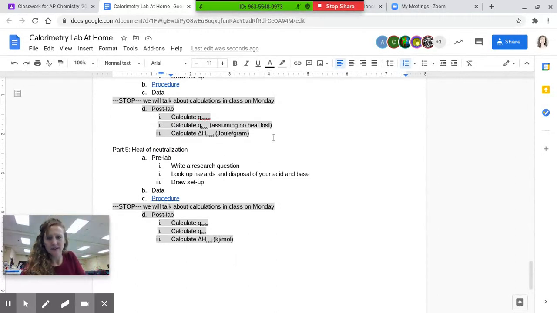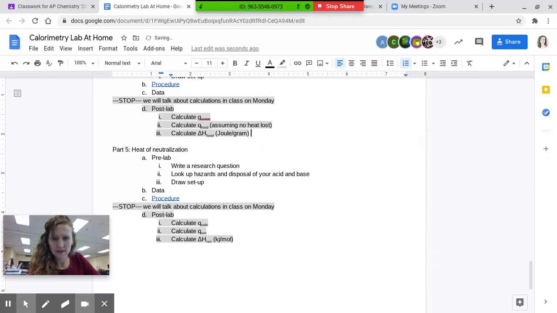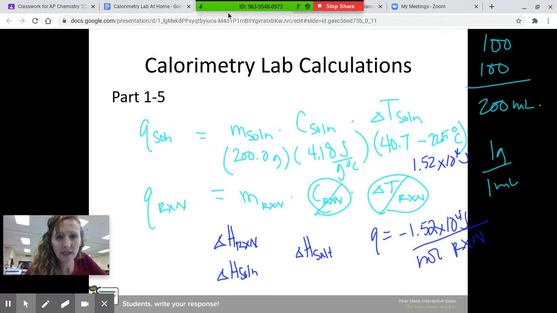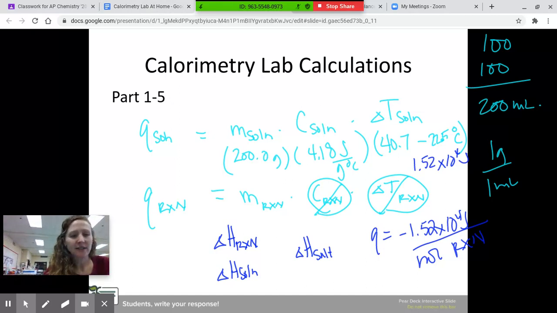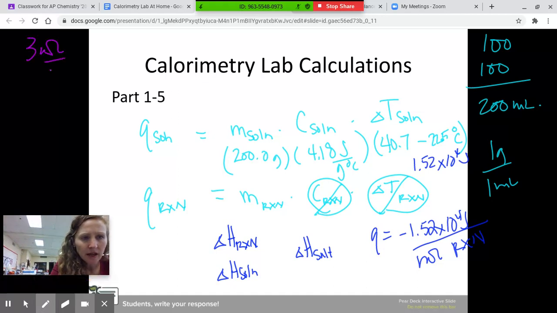How would we find the moles for the reaction? You said that we could use the moles of the base or the moles of the acid, right? Let me check my data. Okay, so the sodium hydroxide was 3 molar, and we had 100 milliliters, so 0.1 liters.